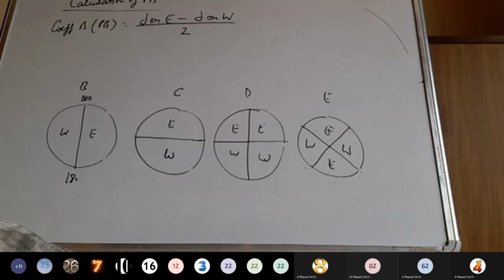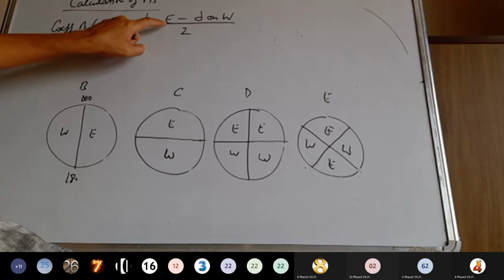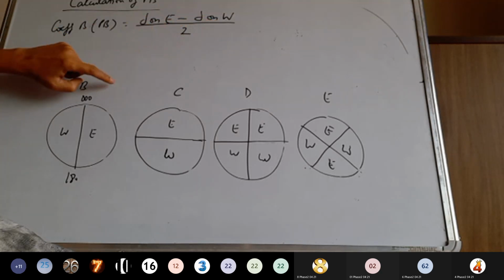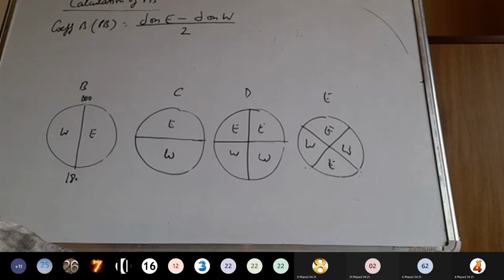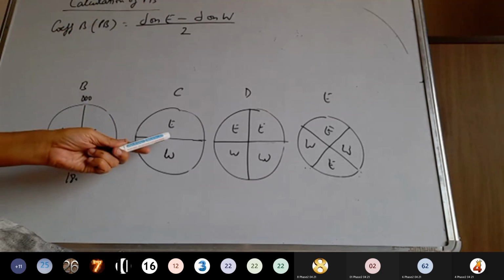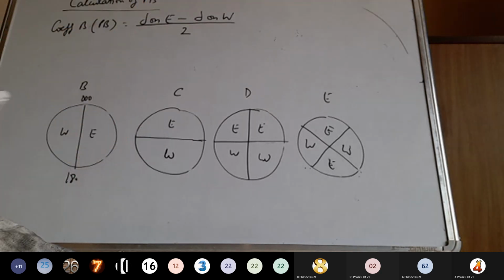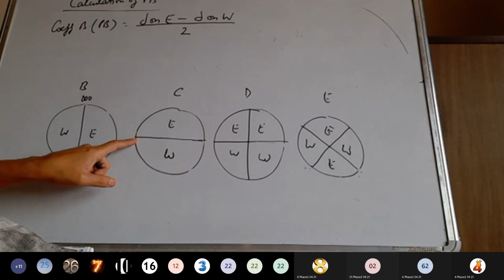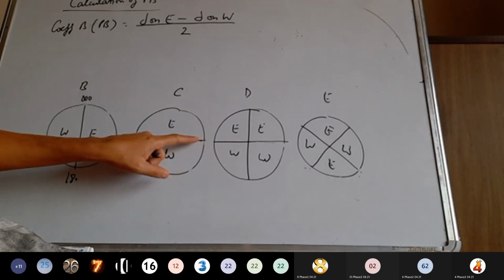Okay. So this deviation, what we see here, is due to all of B, C, D, and E. So can you see whether this total deviation on east has any component coming from coefficient C? No, sir. Okay, because on easterly and westerly heading, the deviation due to coefficient C is 0.